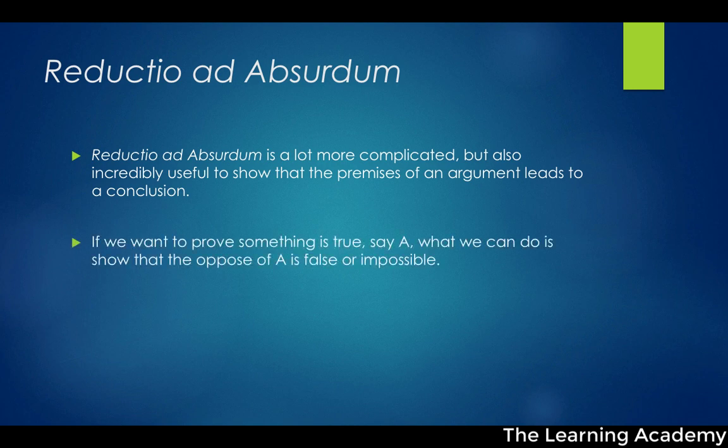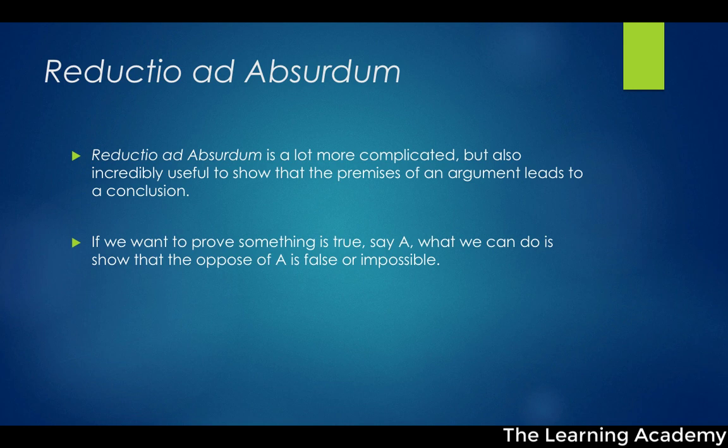Okay, so if we wanted to prove something was true, let's say we wanted to prove that A was true, whatever A is, what we could do is show that the opposite of A is impossible, or it is false. So if I wanted to show that the phrase "it is raining" is true, one way I could do it is I could show that the phrase "it is not raining" is false.